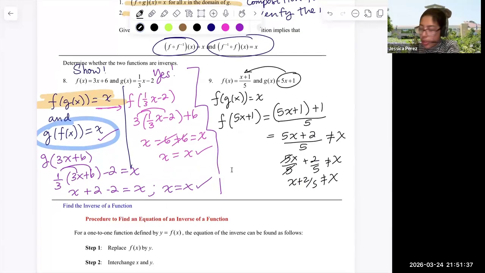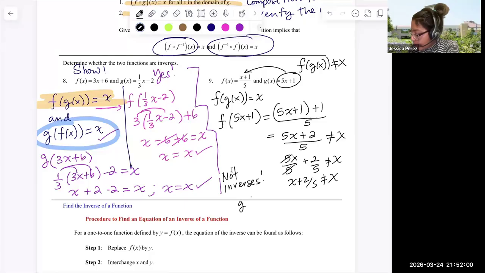Therefore, it's not an inverse because if one of them fails, then I don't have to continue. So they're not inverses because f of g of x was not equal to x. Therefore, we don't have to go to the next one. We could have checked the next one.